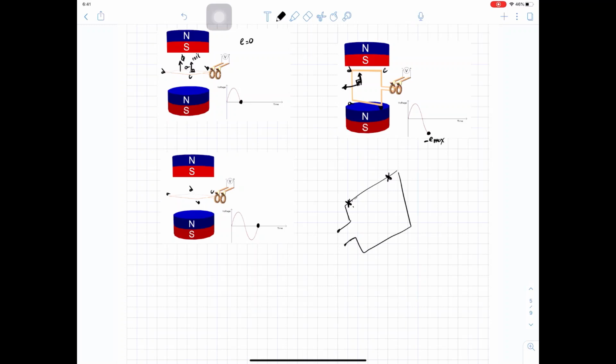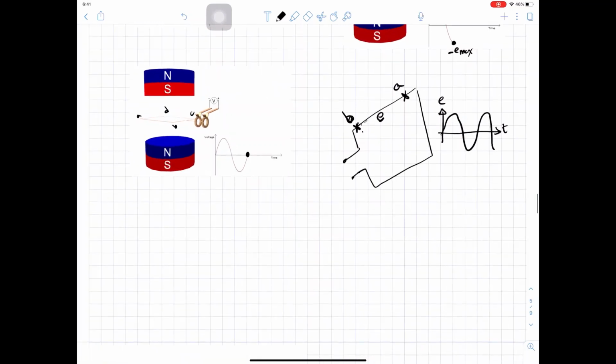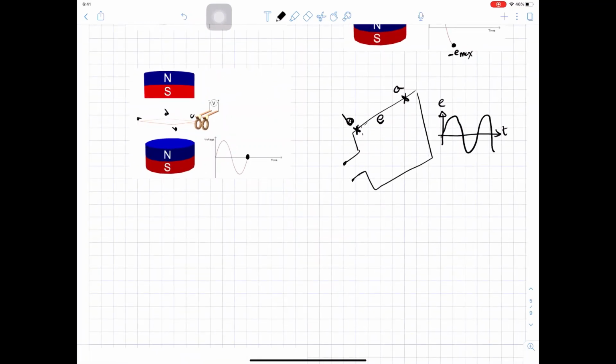Here is A and B, and we need to find E in this coil. We can see that this EMF versus time will be a sine wave, and we can prove this by taking this coil into various positions.